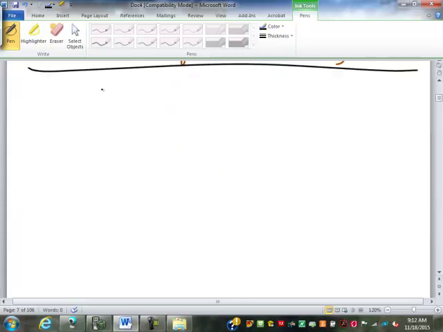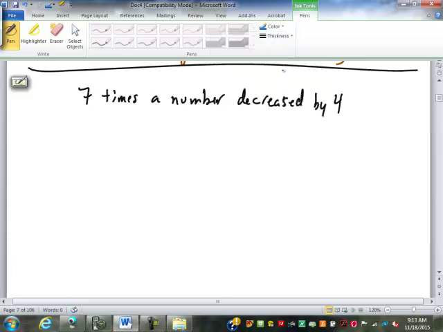For example, we might have 7 times a number decreased by 4. How would I write that? Seven x minus 4.